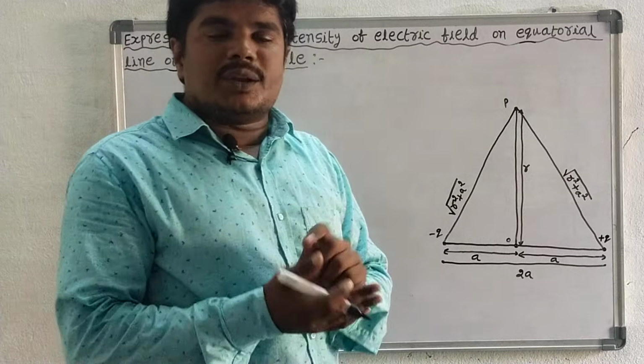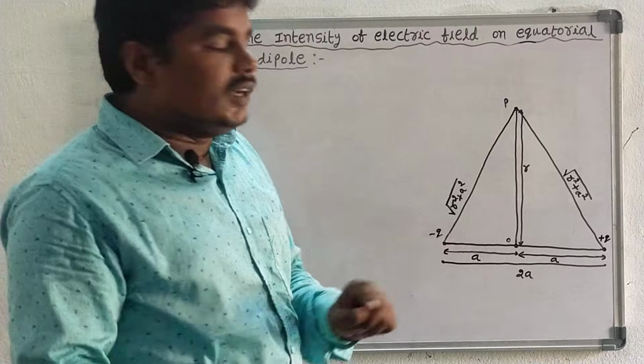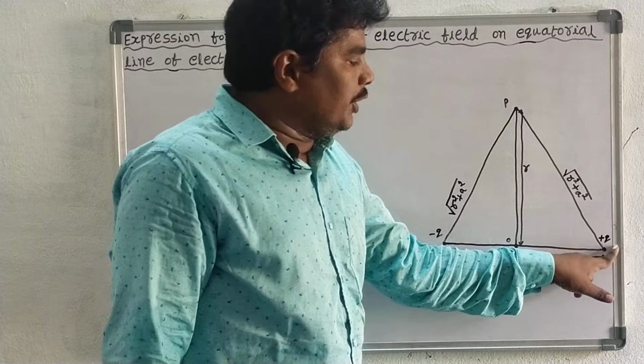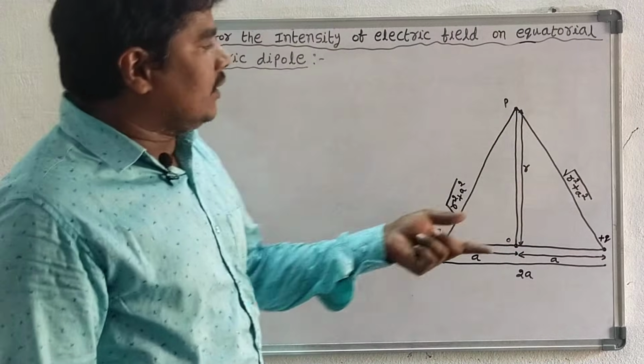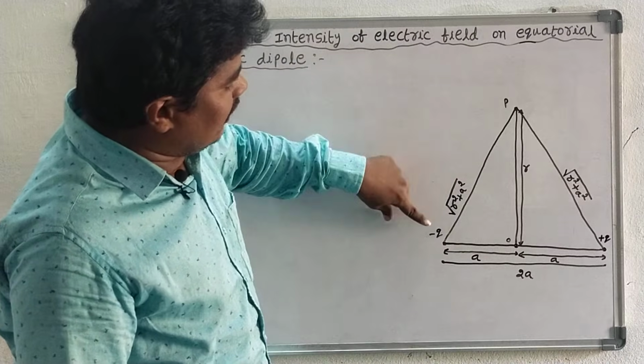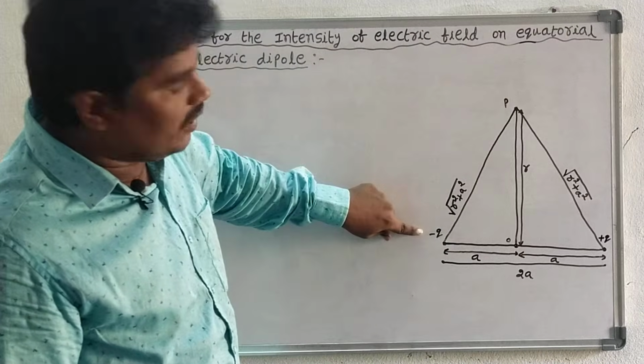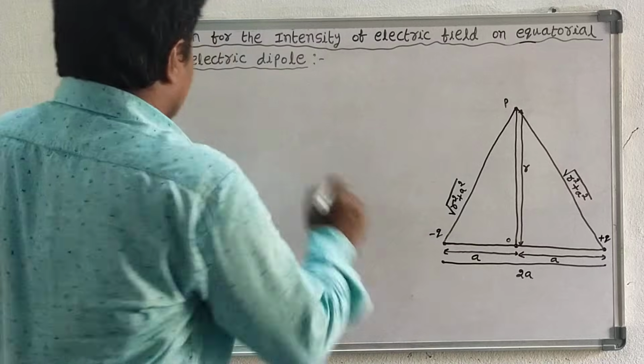Now we determine the electric field at the point P due to the positive charge and also the electric field at point P due to the negative charge.